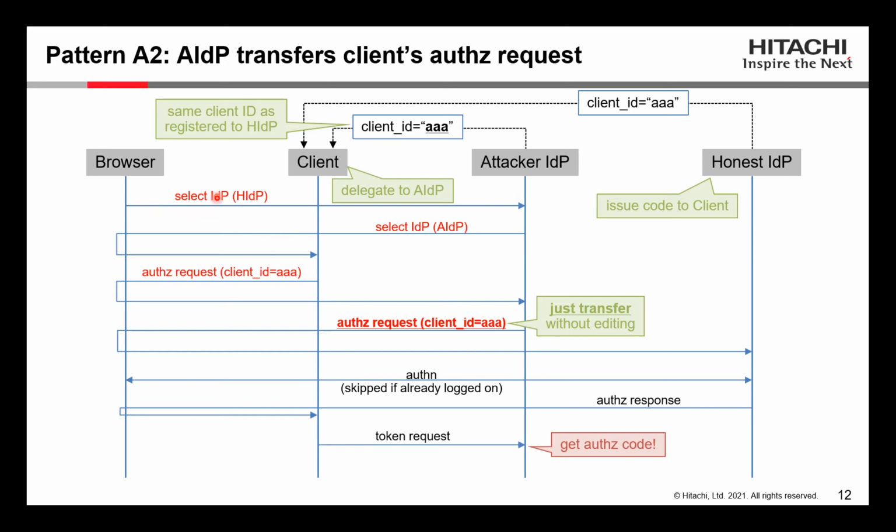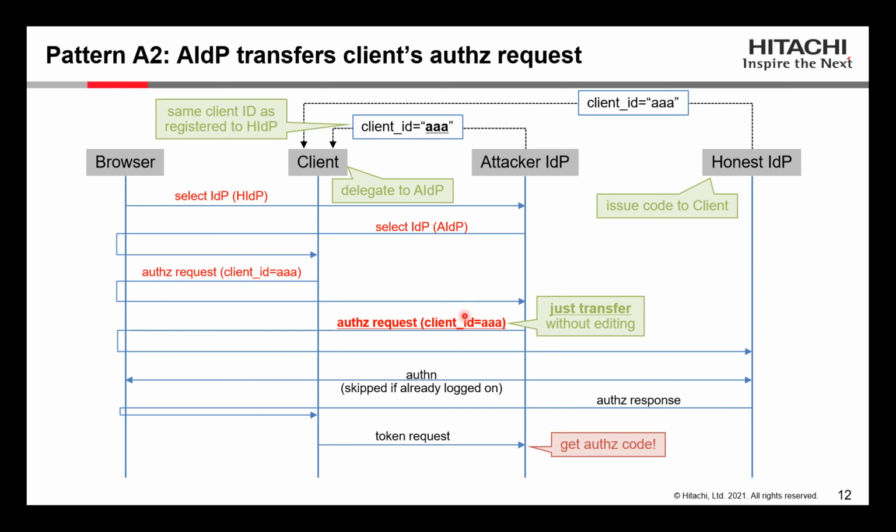User selects HITP in the browser. The network attacker manipulates this request and makes this request reach AIDP. Then AIDP redirects the browser to the client as if the user selects AIDP.